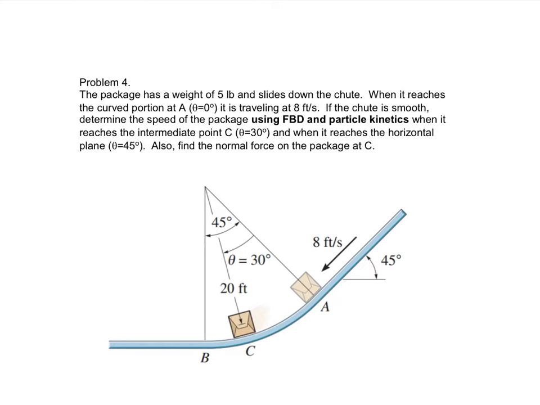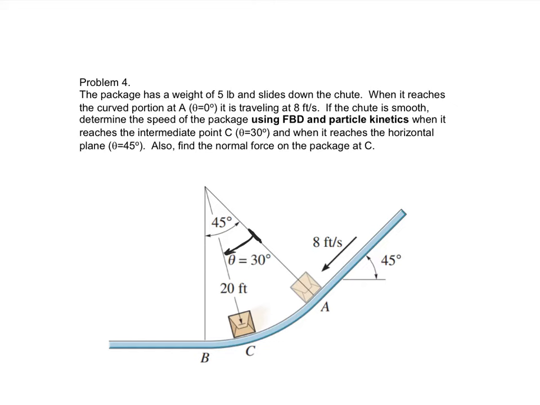All right, so let's look at the next problem. So this package has a weight of 5 pounds and slides down the chute. When it reaches the curved portion at A, theta is equal to 0 degrees. So this is where this problem is defining its theta as starting right here.